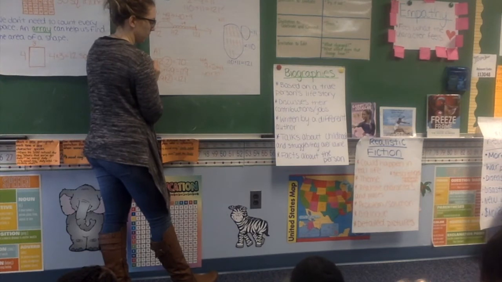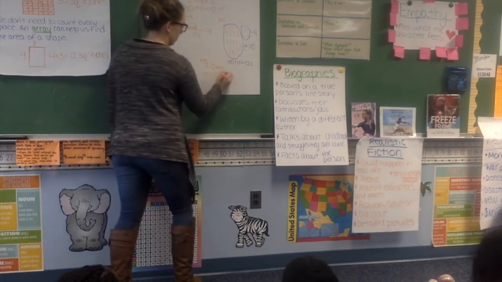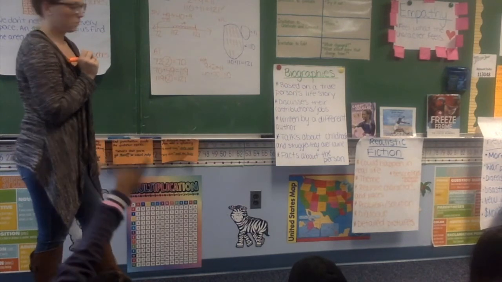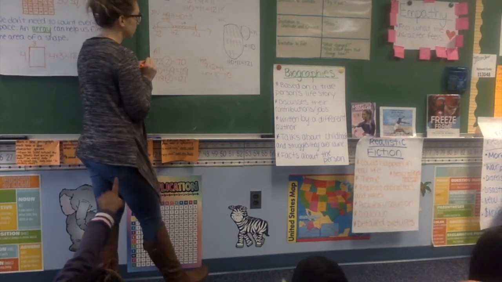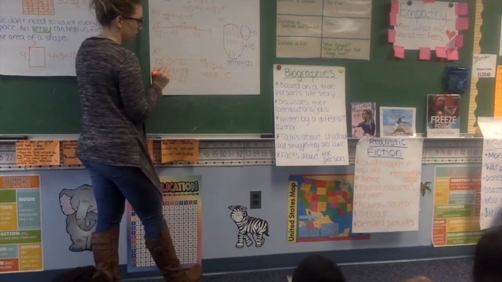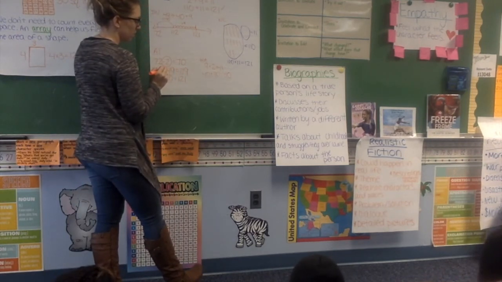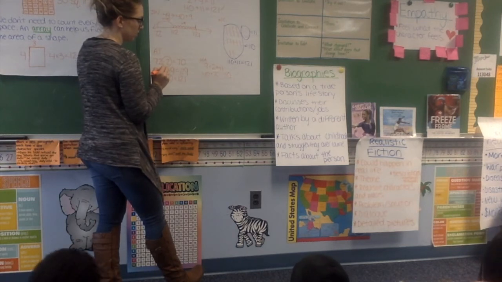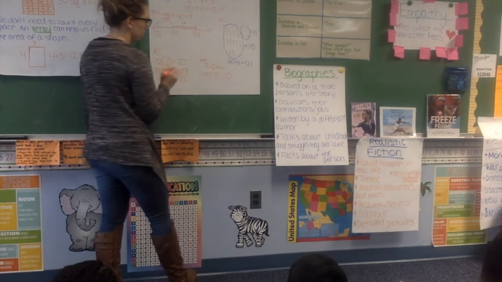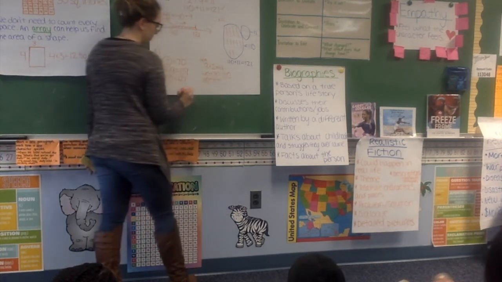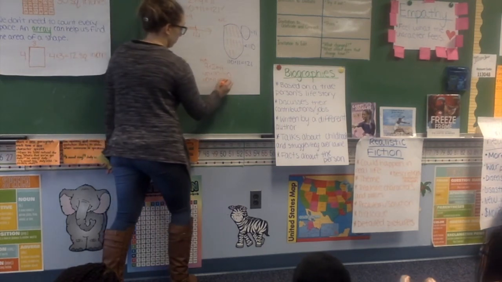And I got 110. Is that the same way as Corey's? After that, I knew the 9 and the 2 was 11, and the 7 and the 4 was 11. But I took away the 10, and then I added 110 plus 11. It was 121.